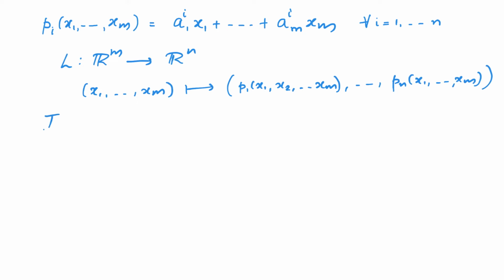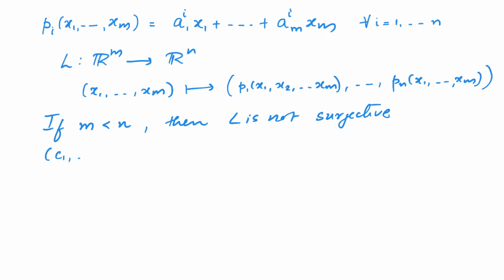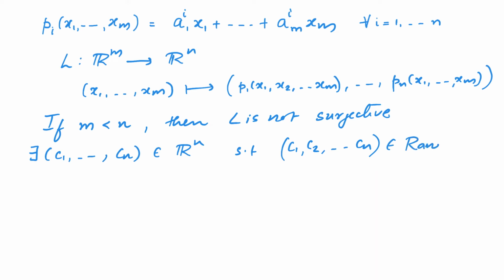Now this function is linear, therefore if m is strictly less than n, then L is not surjective. In other words, there exists some vector, say c1, c2, etc. up to cn in Rn, such that c1, c2, etc. up to cn does not belong to range of L.